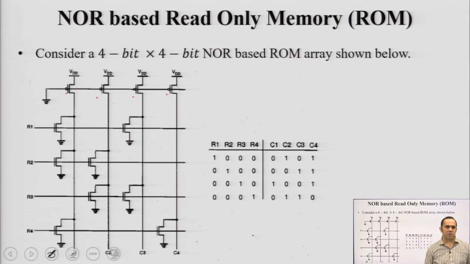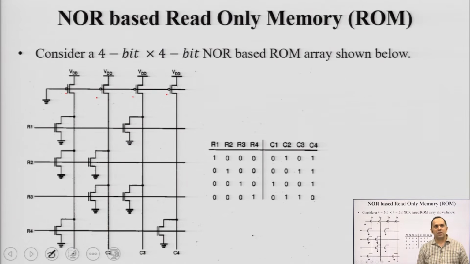So, if you remember the CMOS implementation of a NOR gate, you would see PMOS devices in parallel and NMOS devices in series. So, this is considered as a NOR based read only memory circuit, and 4 by 4 bit basically means there are 4 rows, 4 word lines and 4 columns or 4 bit lines.